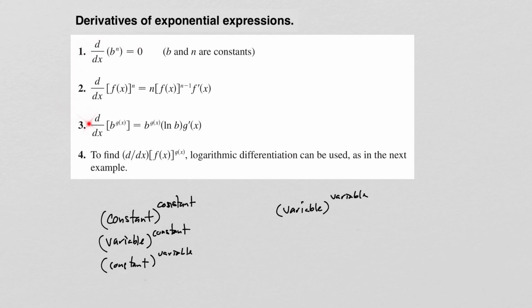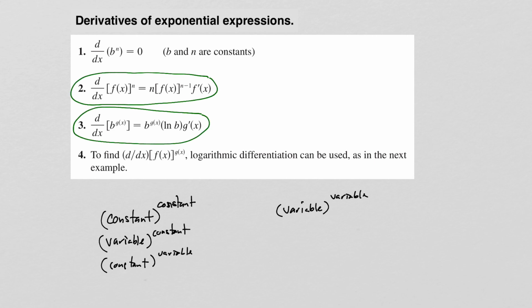And we've gone over all of these pretty extensively, especially these two cases. But in the last case, when you have a variable raised to a variable power, like f of x raised to the g of x, we need a new technique for doing this kind of a derivative. And the technique is called logarithmic differentiation. So let's do an example of this.